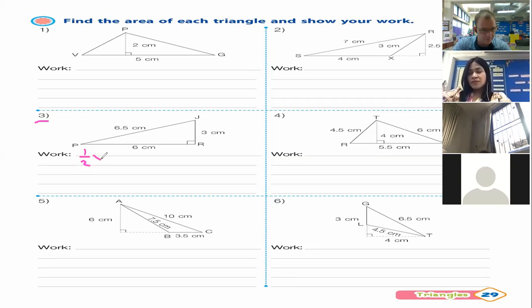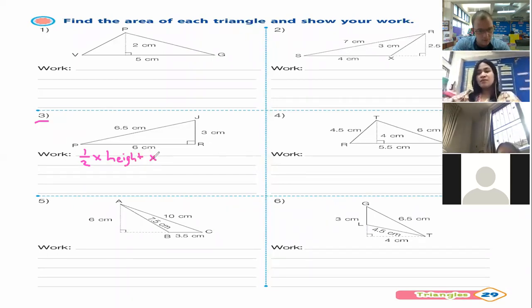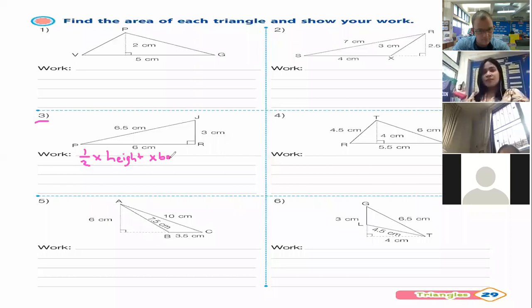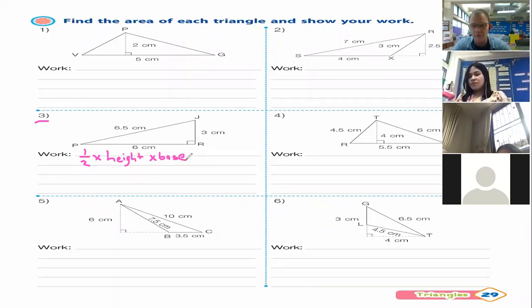So it's half times height times base. This is how I want you to write your answers as well, to give all the information. Equals a half times the height, which is the perpendicular line from the base to the apex, which is this one over here.